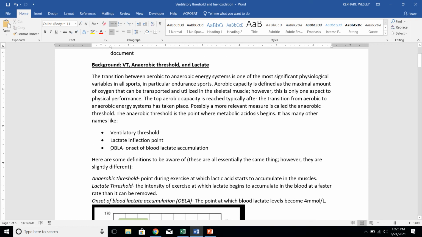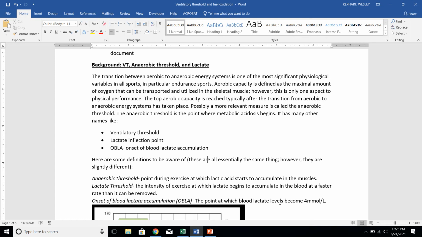We also have this other term, OBLA, or onset of blood lactate accumulation. Since this is online and I don't have my lactate measure given to all of you, where I'm going to prick your fingers and measure all that type of stuff, that's a little less important. However, I do want you to know that OBLA is typically whenever blood lactate hits 4 millimoles per liter and then starts going up.